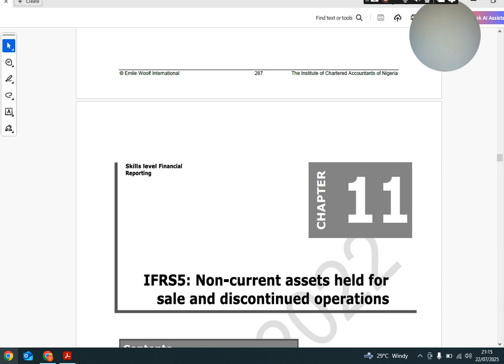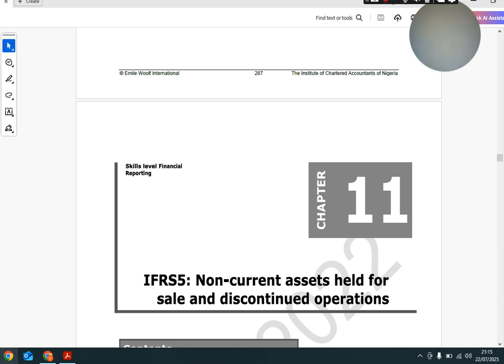or non-current assets that an entity has decided to classify as held for sale, or they want to resell, or they want to dispose of the asset. So this standard covers that, right? This standard has a scope, right? It has what it covers and what it does not cover.